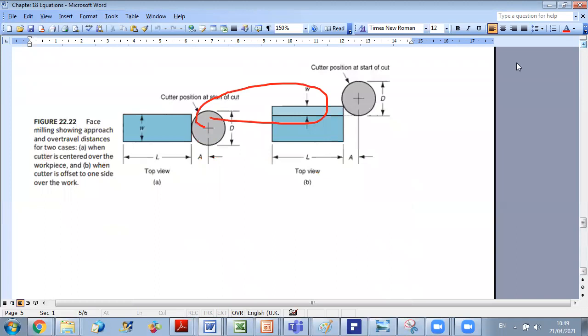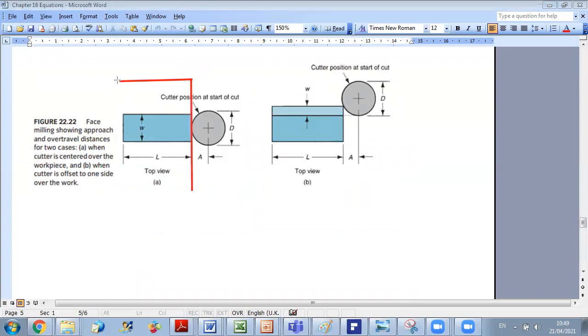So your work part is larger than the cutter, like this. So what will happen then? When you move your cutter through the work part, you will produce a certain slot in it. Okay, and therefore also in this case, what is the approach distance? Of course, also it's D over 2.